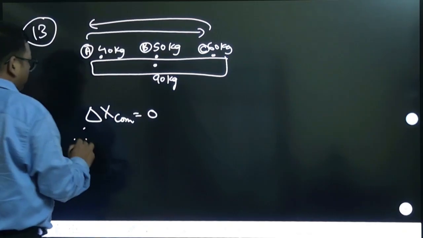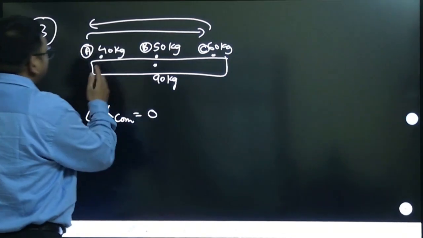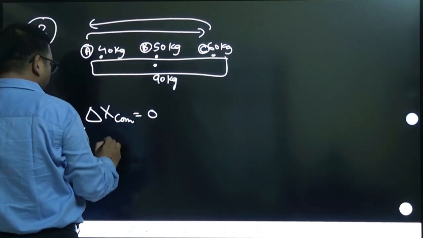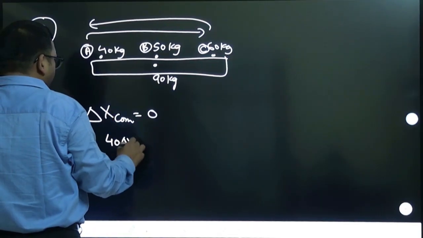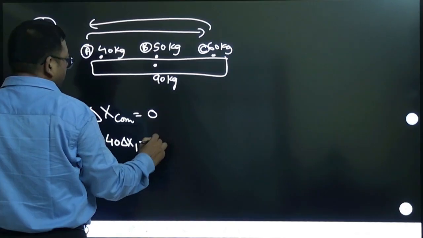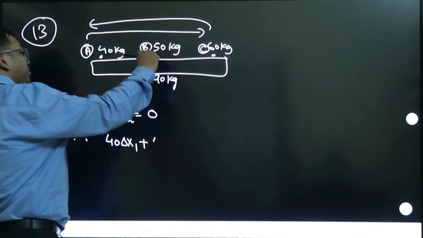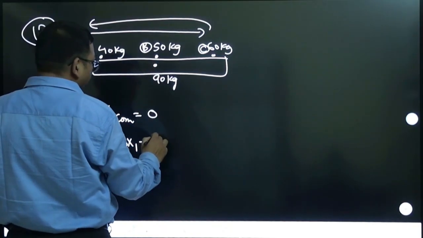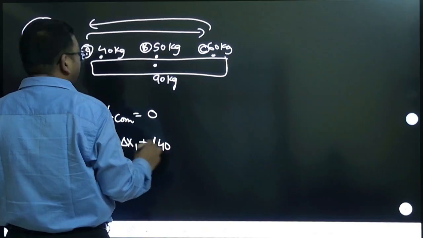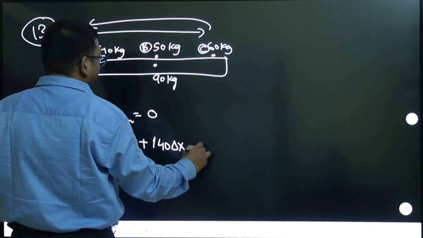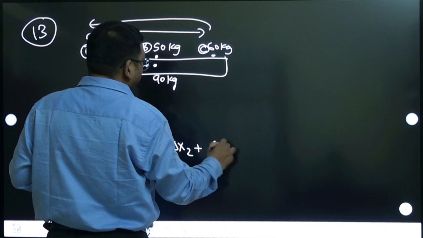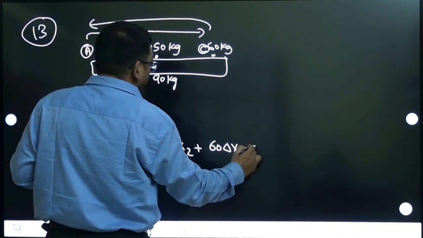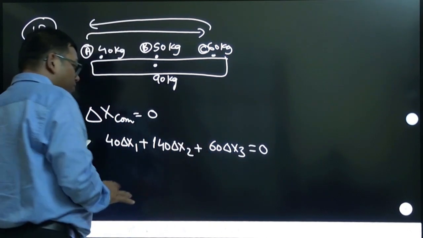You know that, momentum conservation. So you can apply m1 delta x1. Suppose this is 40. So 40 delta x1 plus, here this total mass can be combined together because they are not moving. So 50 plus 90 can be taken as 140. Correct? Delta x2 plus 60 delta x3. This is equal to 0. We have this equation.